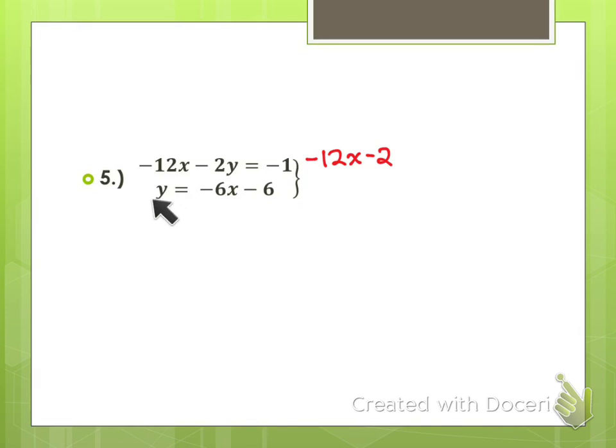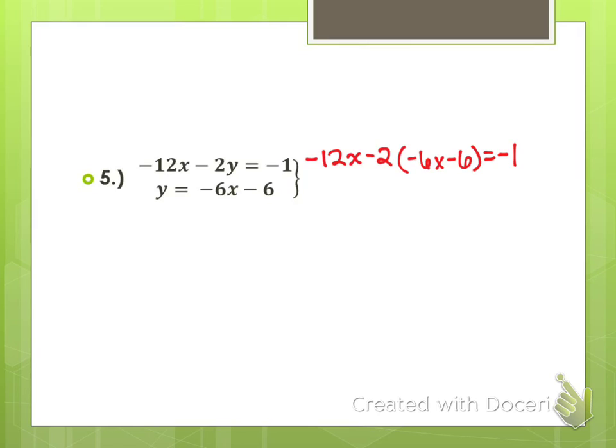Instead of putting a y, I'm going to put a big blank, equals negative 1. What's going in my big blank? Keon? Negative 6x minus 6.